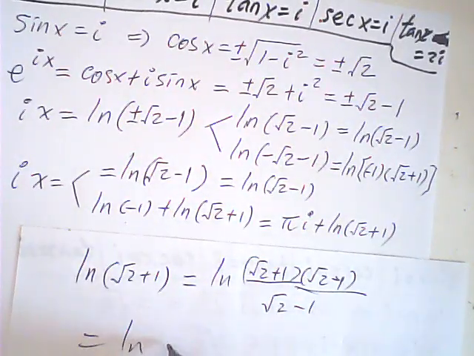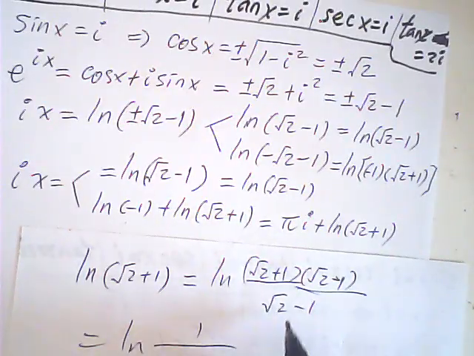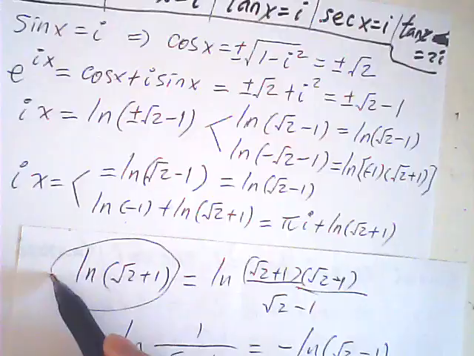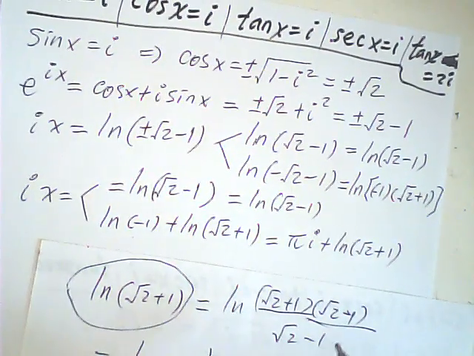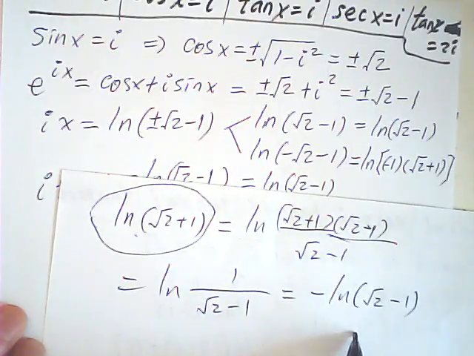So this is equal to log of, this is square minus 1 square equal to 1, over root 2 minus 1. So this one is equal to negative log root 2 minus 1. So this one is equal to this.